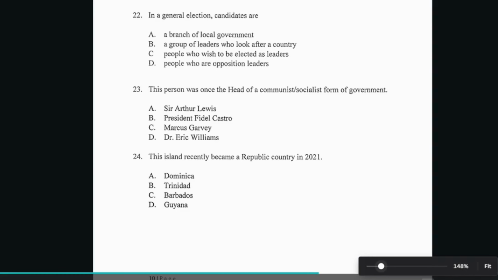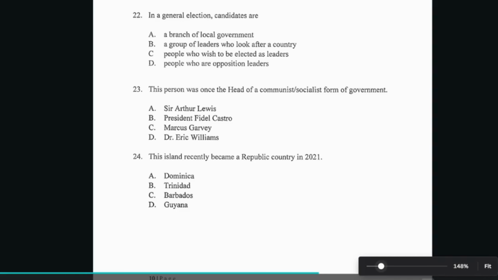So we know it's not Dominica, we know it's not Trinidad, we know it's not Guyana, but it is Barbados. Before 2021, Barbados was an associated state of Great Britain, and they broke off those ties and became a republic. What a republic means is that the president is the head of state. Just like Dominica.